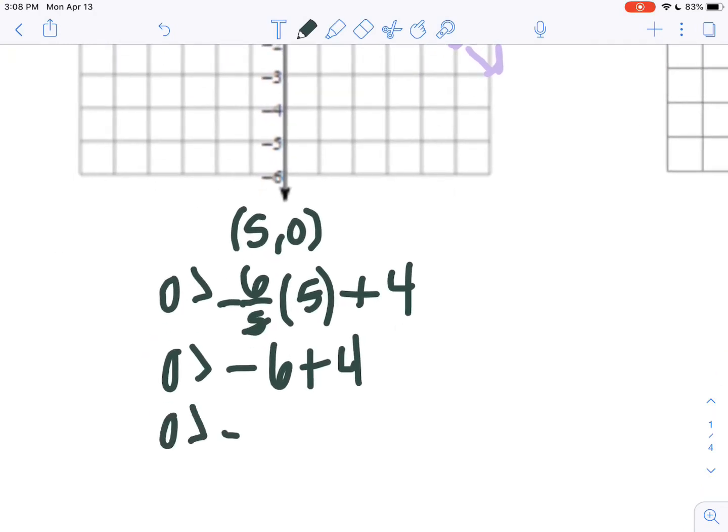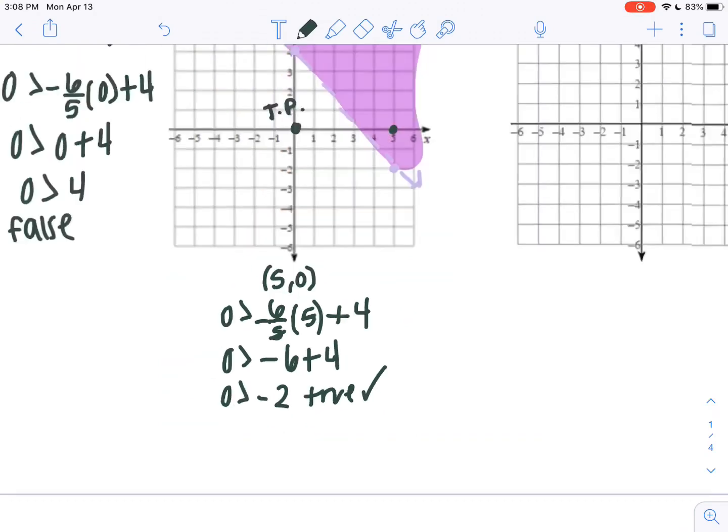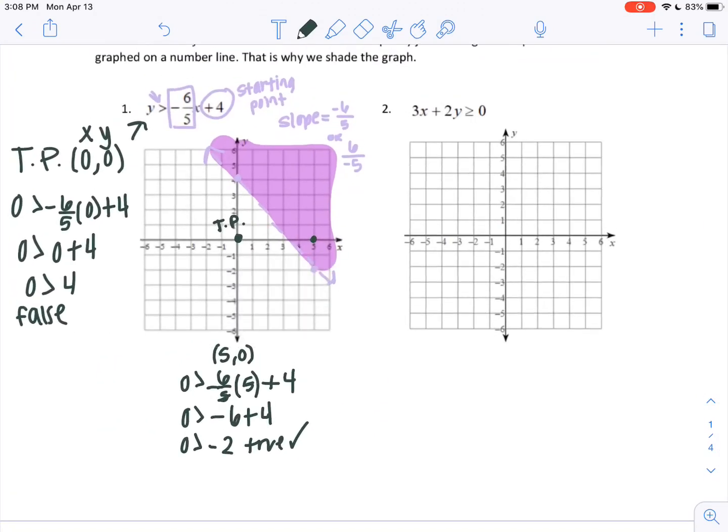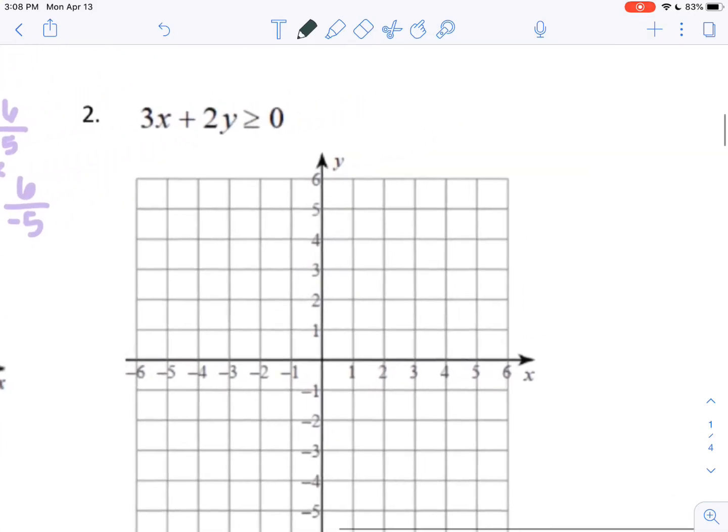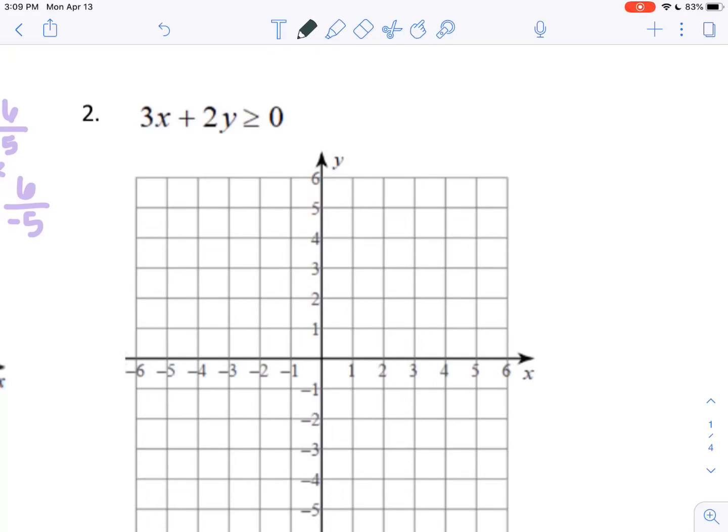So 0 is greater than negative 2. That is true. Okay, so this is a solution. Again, you can pick any point from that shaded area, it'll make your inequality true. Okay, you don't have to do that, you don't have to check your answer, you're already checking by doing the test point.